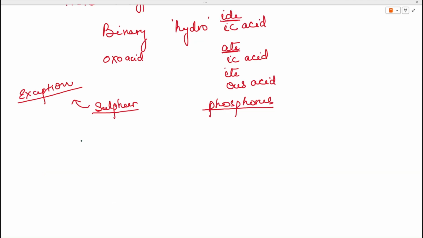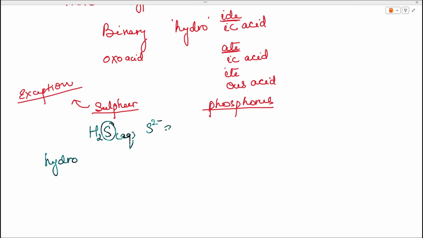Okay, in sulfur, I'm just first making a binary acid, so H2S aqueous, and here I know that just because it's a binary acid, I have to add hydro. That's the first thing.